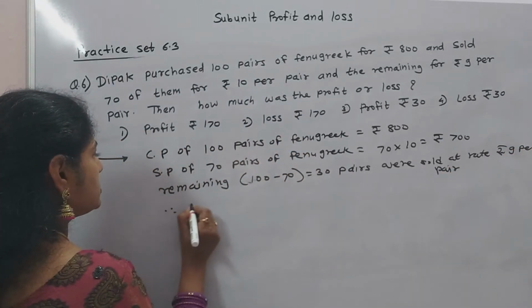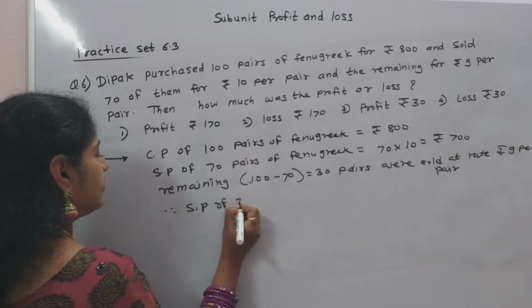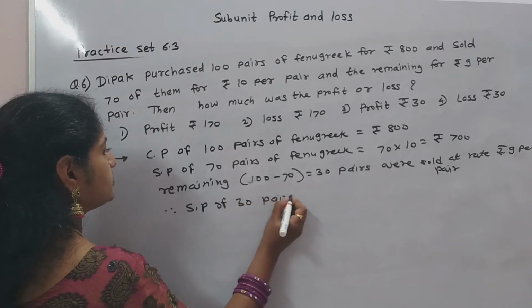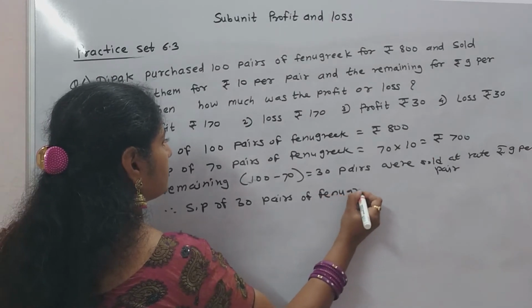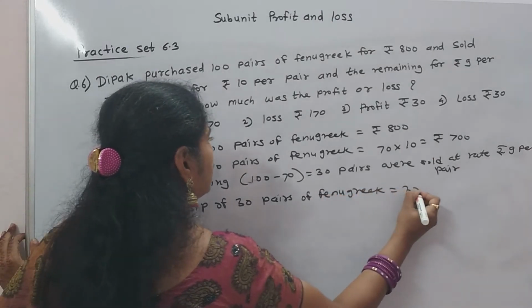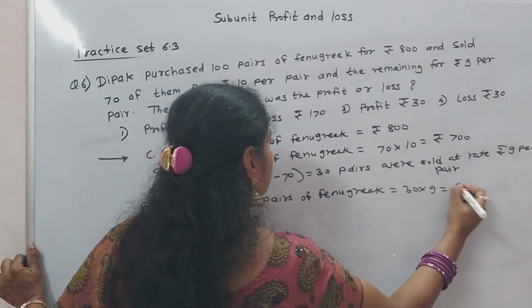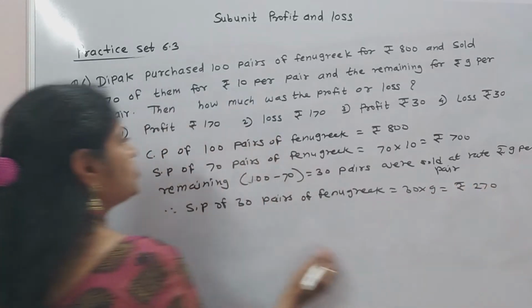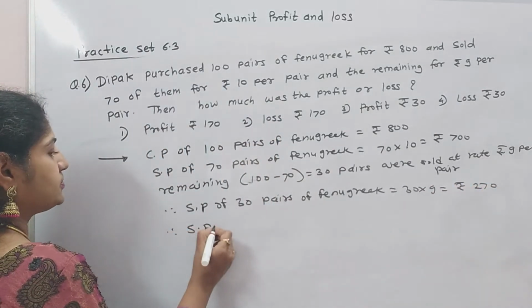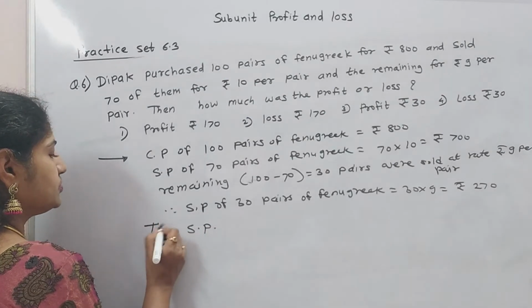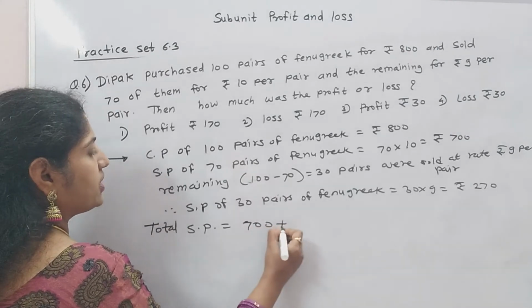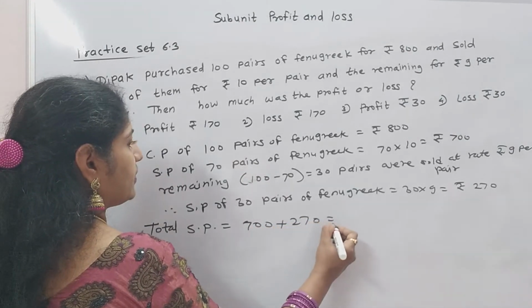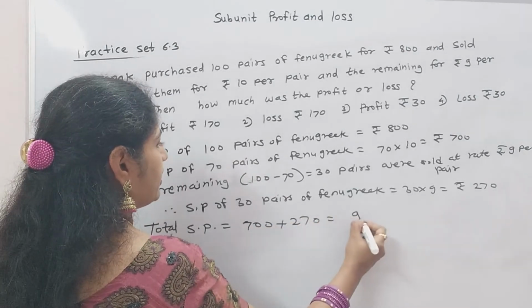So selling price of 30 pairs of fenugreek, 30 into 9, 270. So total selling price equal to 700 plus 270, that is 970.